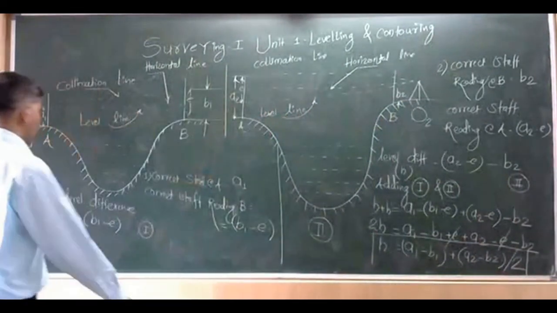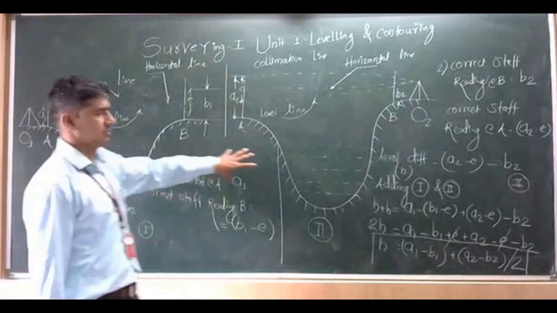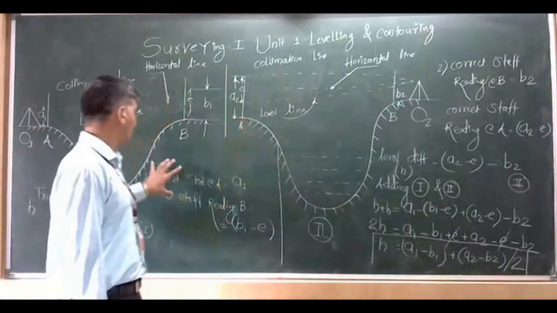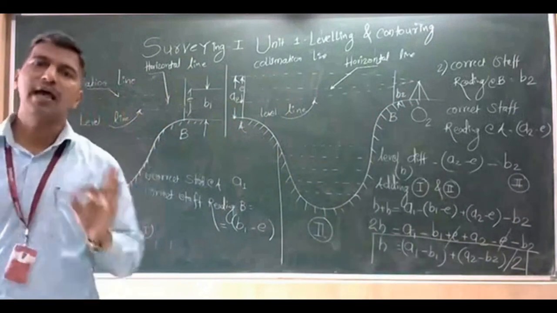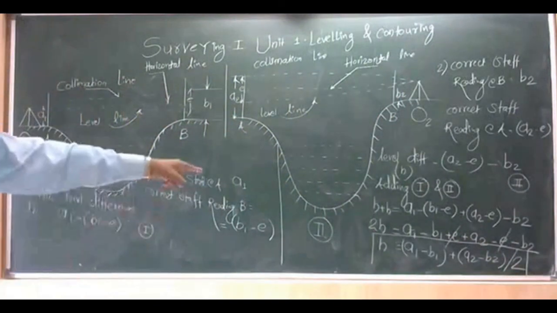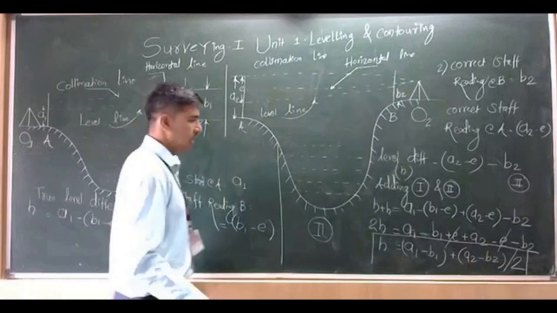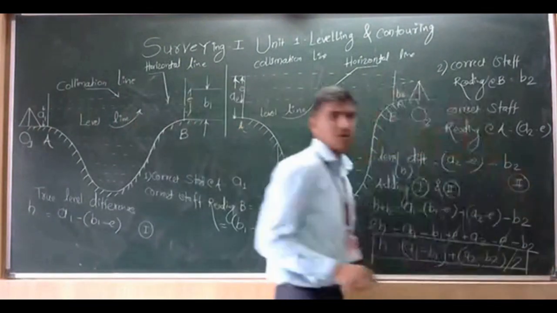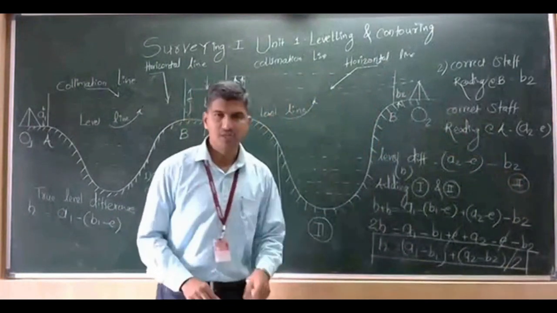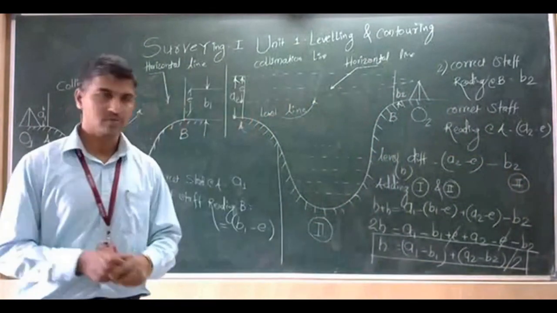So all of you please draw the figure. You have already drawn the figure. Just add some steps and reach the required equation, which is H is equal to A1 minus B1 plus A2 minus B2, divided by 2. Highlight it by using some colorful charts.